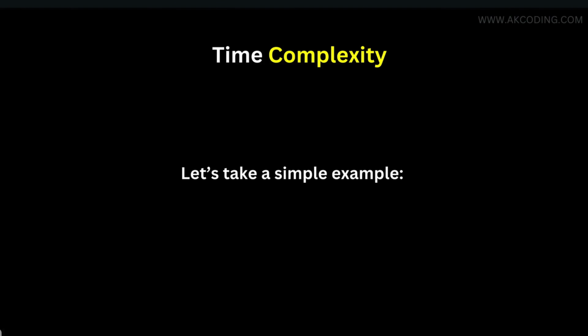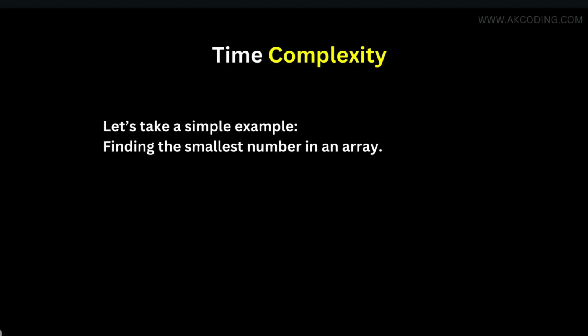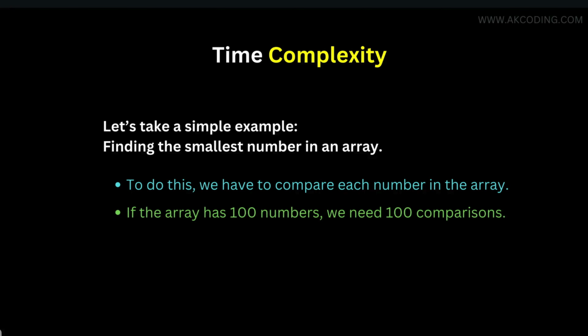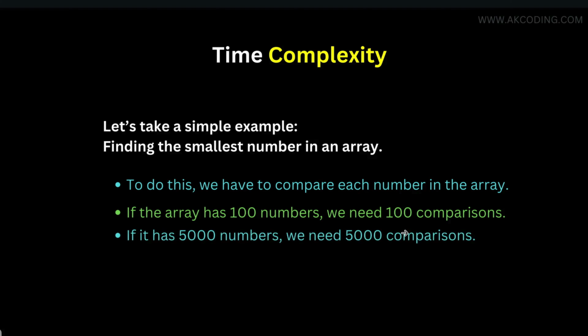To understand asymptotic notation, we have to take an example. Let's find the smallest number in an array. To do this, we have to compare each number in the array. If the array size is 100, then we need 100 comparisons.